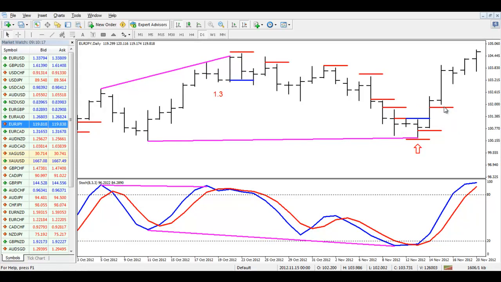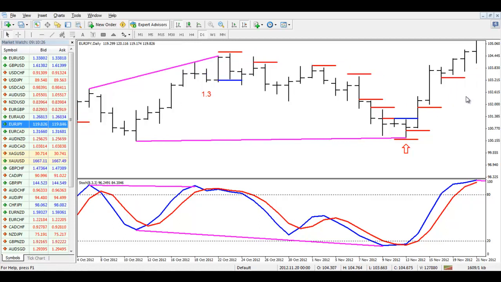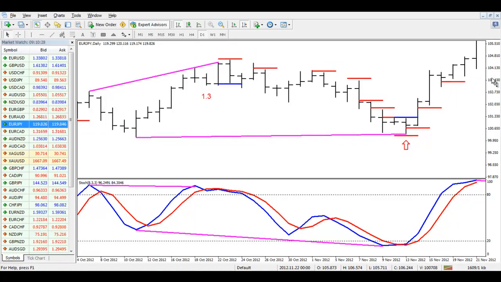And another buy bar appears, allowing us to move our stop loss once more to lock in additional profit. We can see an additional buy bar up there, which allows us a small move in our stop loss.